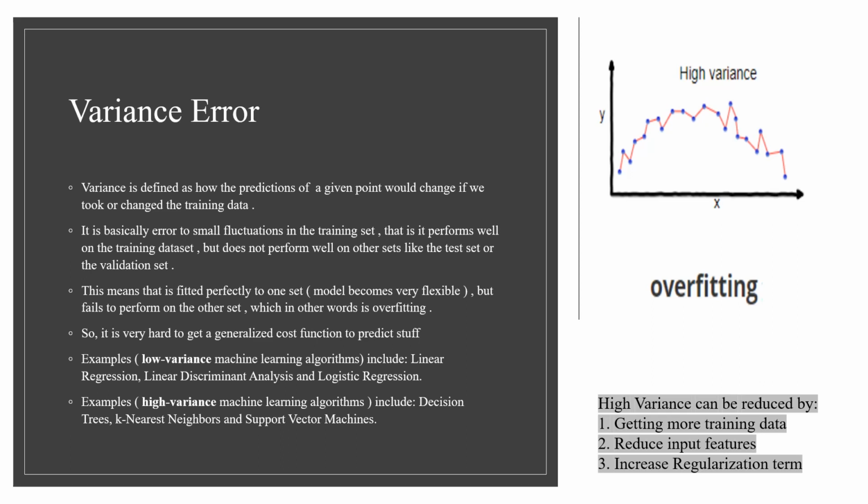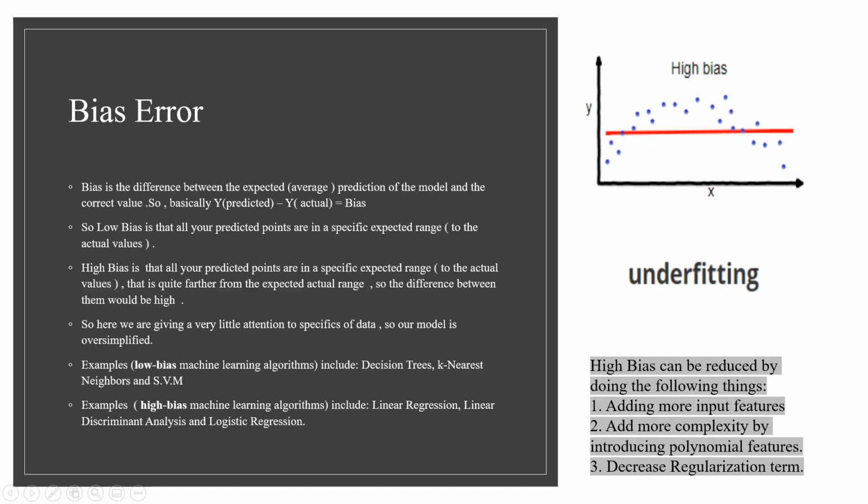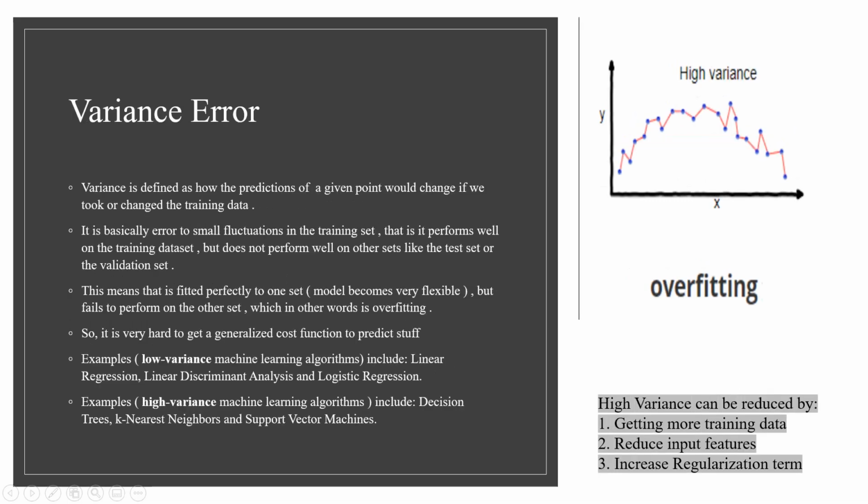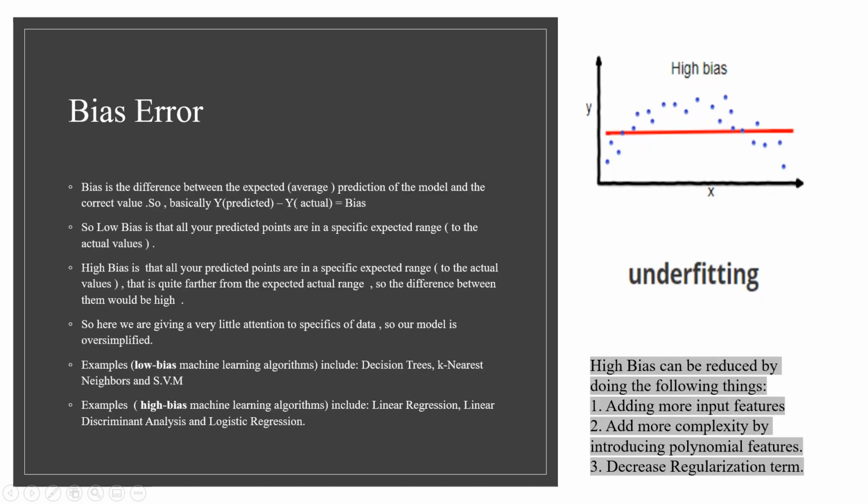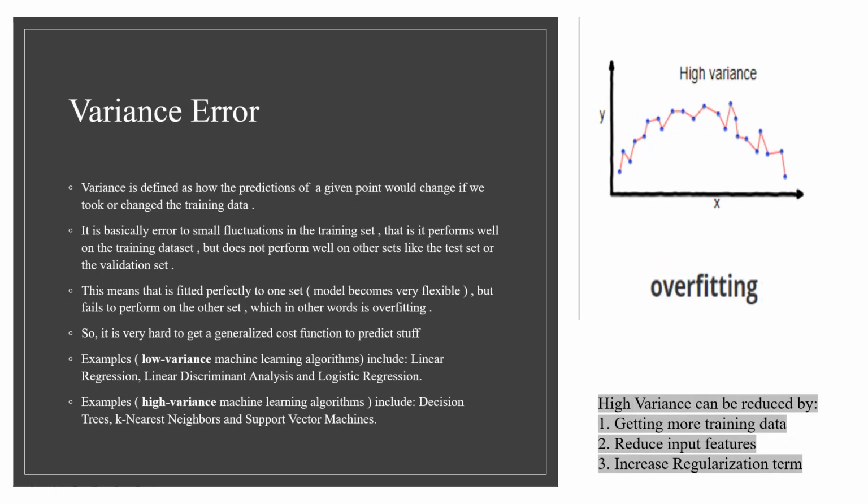And high variance machine learning algorithms include decision trees, KNN, and SVM. So basically, low bias machine learning algorithms are high variance, and low variance machine learning algorithms are high bias.